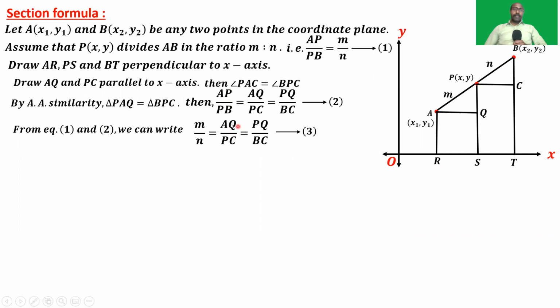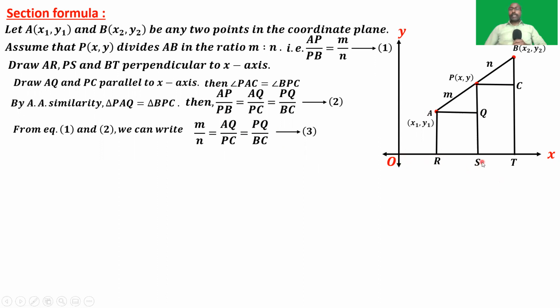Now find the values of AQ, PC, PQ, and BC from this figure. Take the first one, AQ. AQ is nothing but RS, and RS is equal to OS minus OR.